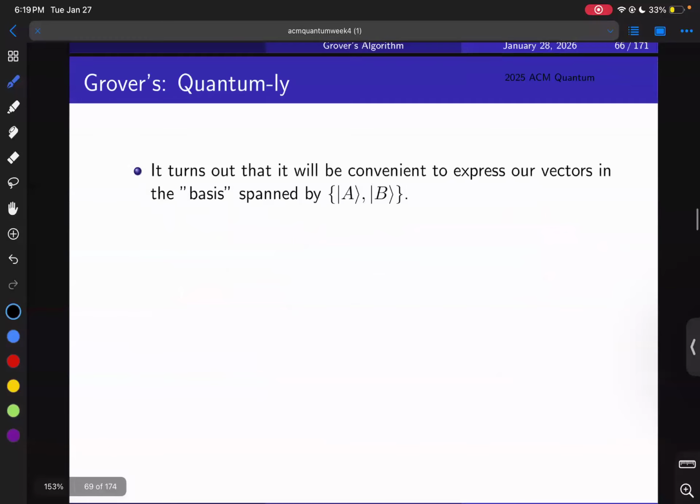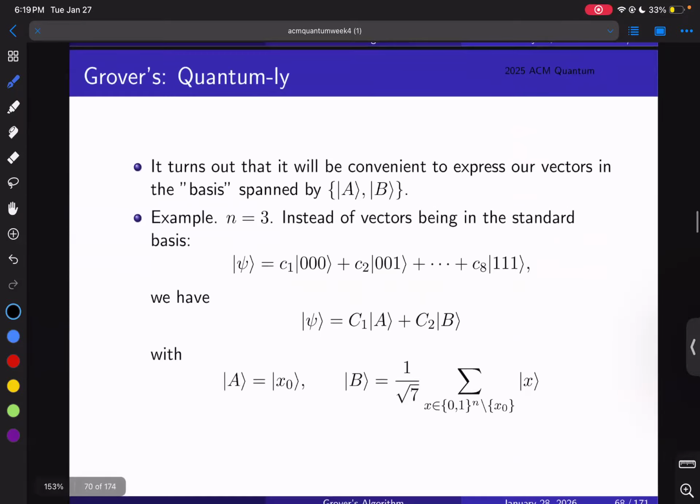In Grover's algorithm, it turns out that it will be convenient to express our vectors in the basis spanned by that awesome state and that bad state. Intuitively, that should make sense, because we want to express how good our current vector is, which would be the component in the awesome direction, and how bad it is, which would be its component in the bad direction. Here's a quick example.